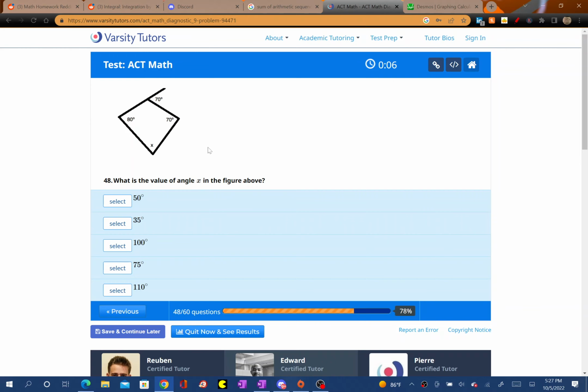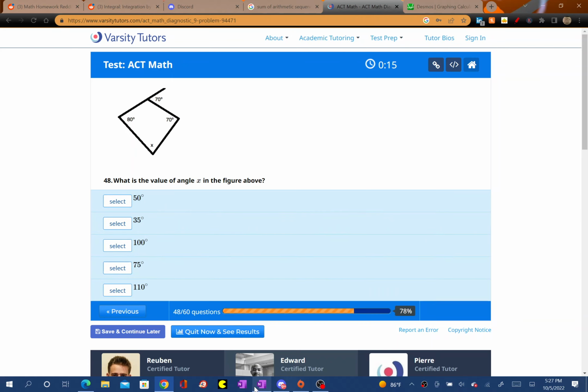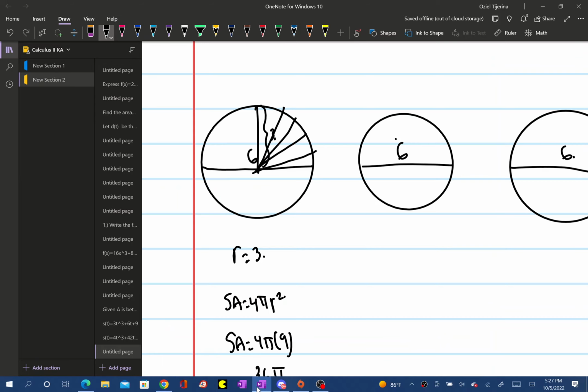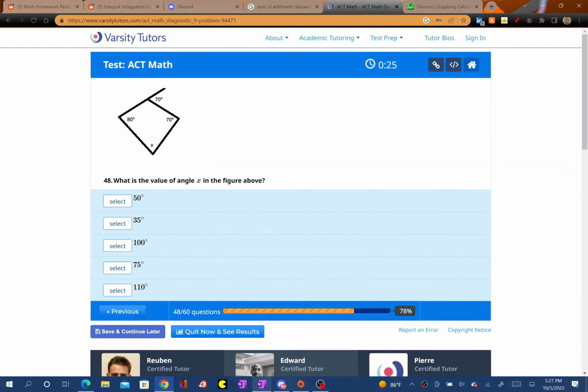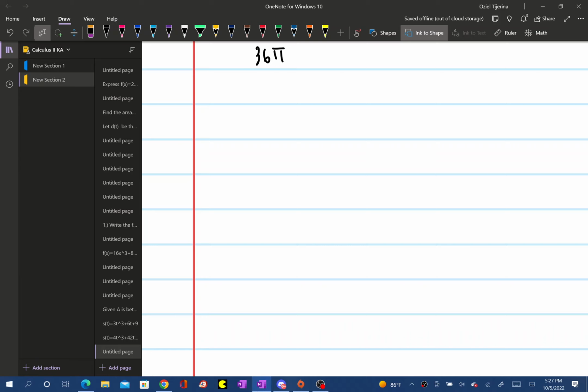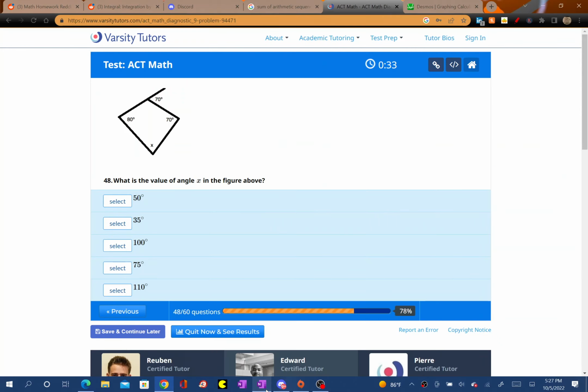What is the value of x in the figure above? Okay. So let's see here. For those of you who are really, really good at geometry, you probably know alternate interior, alternate exterior, and corresponding angles and all that stuff.